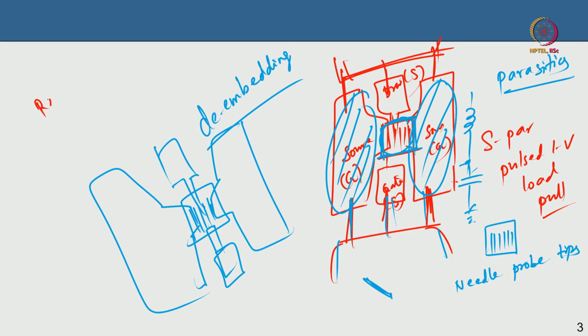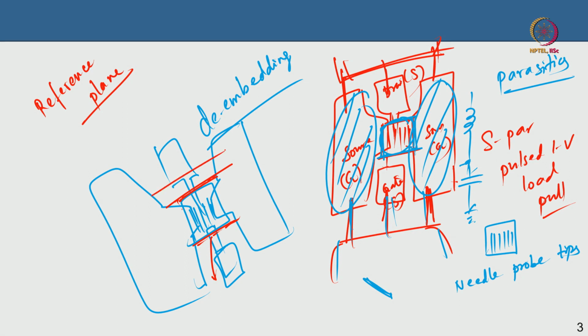Essentially the reference plane tells you till what physical point you are going to subtract out the effects of these extra parasitics. Where is your plane? So for instance, if my plane is here, that means I am going to subtract out everything till this point, correct. My plane is here and here, so I am going to subtract out everything there.